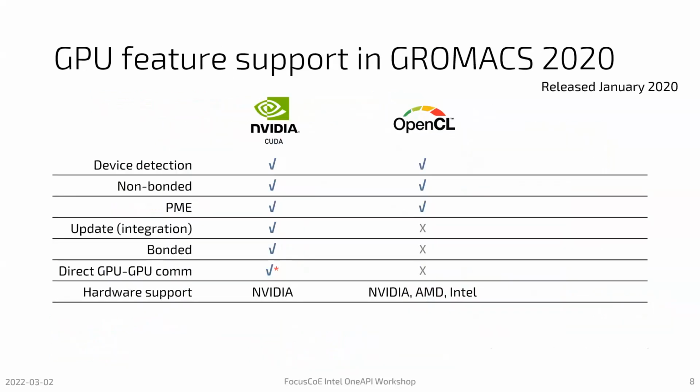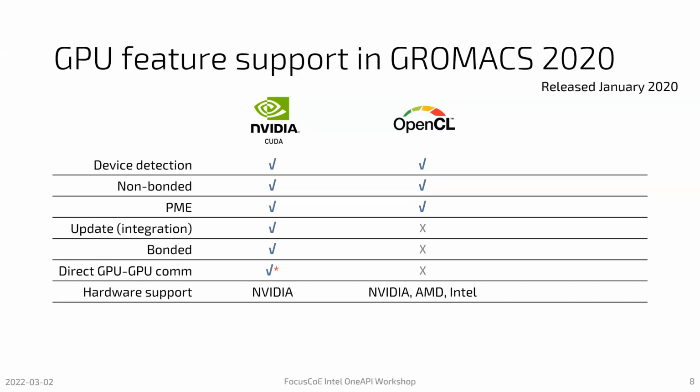In GROMACS 2020, which was released in January of that year, we only supported NVIDIA CUDA and OpenCL for offload. So we had CUDA as the most mature and most feature-rich backend, but it was only able, of course, to target NVIDIA GPUs. As a compatibility layer, we were using OpenCL.